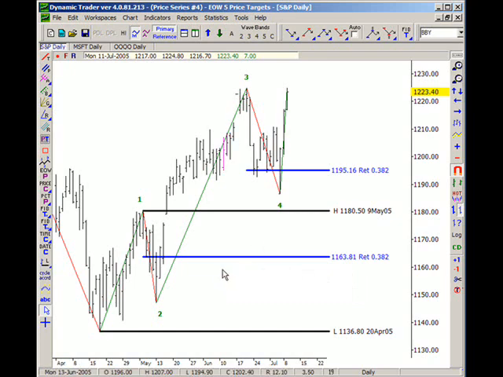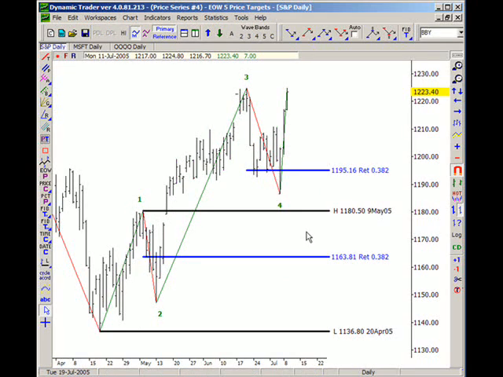And the ideal setup, so that we can meet the conditions that waves 1 through 4 are complete, is that they've each made a minimum 38% retracement, and this potential wave 4 has not declined below the end of the wave 1. So all those conditions are met with the data that we're showing.